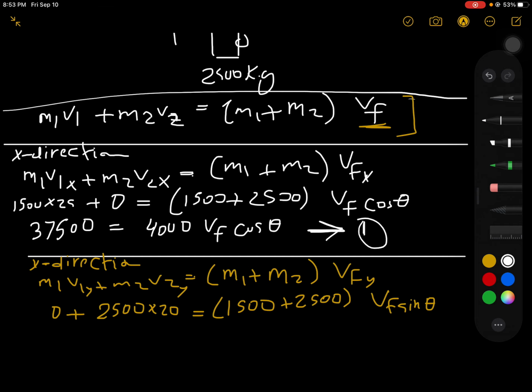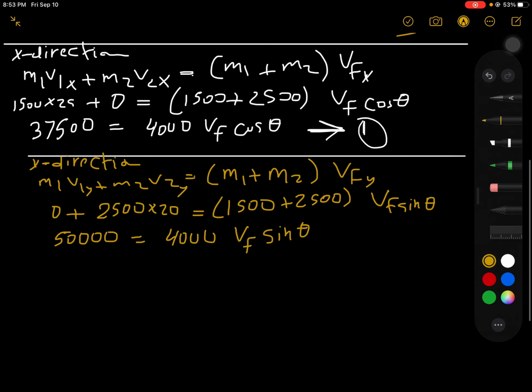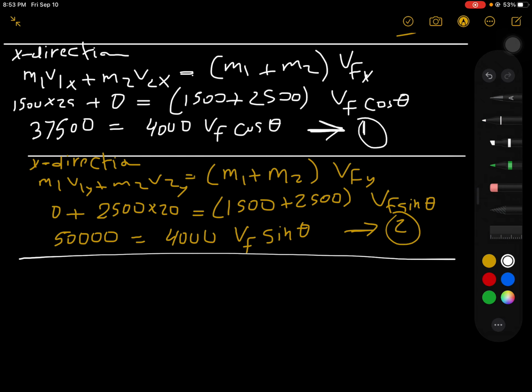So by using the calculator, 2500 times 20 equals 50,000. Okay, let me continue in yellow. 50,000 equals 4,000 vf sine theta. Okay, let's say this is equation number 2.